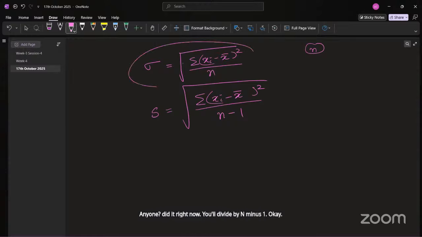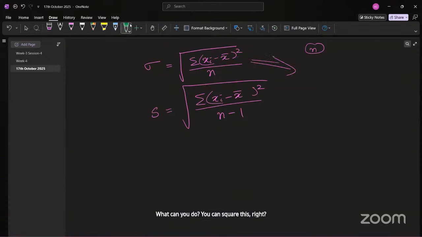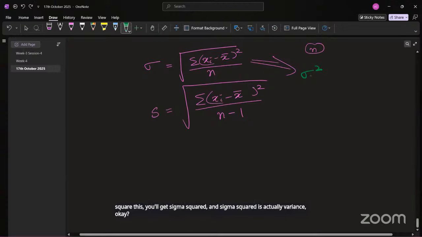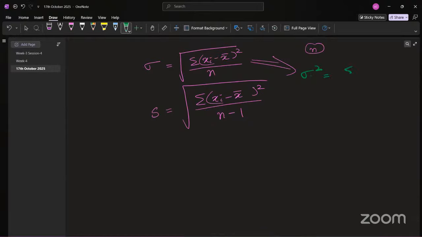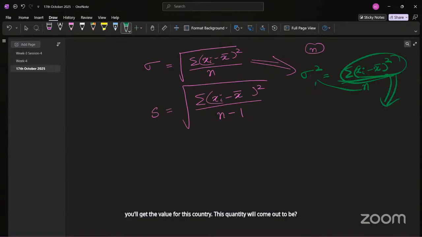Okay, so from this above equation, what can you do? You can square this, and you'll get sigma square, and sigma square is actually variance. This comes out to be summation of xi minus x bar whole square divided by n. Now you bring this n to this side, and this quantity will come out to be sigma square times n. Now put sigma square n here because we have the same quantity.